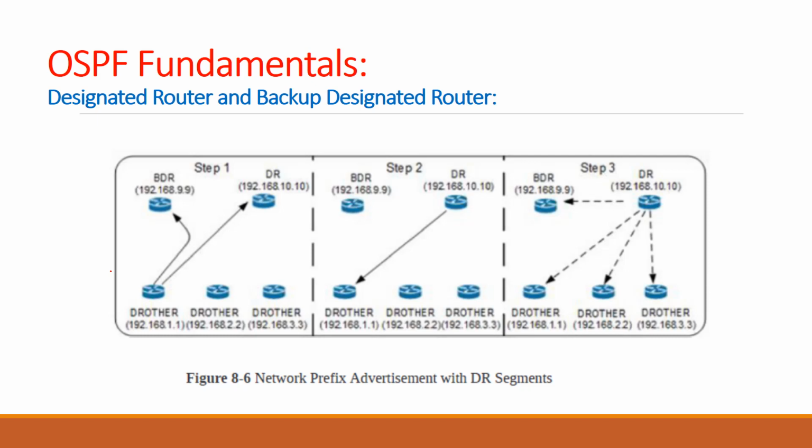Let's see how the network prefix advertisements work with DR segments. Step number 1, by the way, if we have more than 2 routers on a segment, the other routers will be called DR others. So in case we have 5 routers, we will have a DR, a BDR, and DR others.